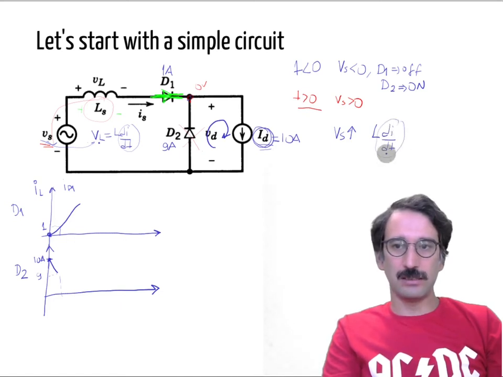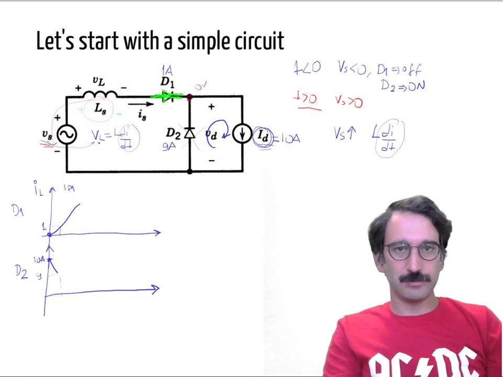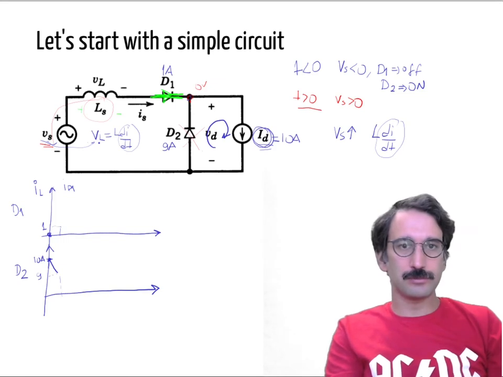So the derivative of the current keeps increasing. Let me redraw that part. It will be going like that, and that one is going like that. We will calculate the waveforms, don't worry about that for now.